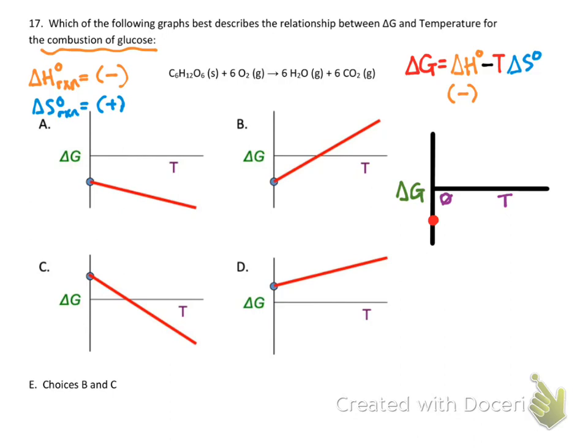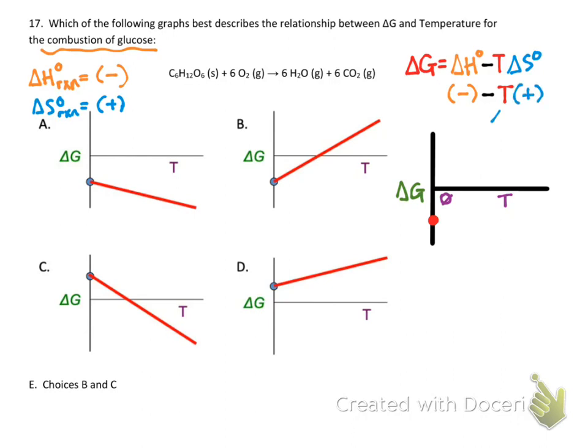And then what's going to happen to our delta G as the temperature increases? So now we want to consider that we're subtracting T delta S. And we want to think about what happens as T gets larger and larger and larger. So T has to be a positive value because it is an absolute temperature. We also know in this particular reaction that delta S is positive.